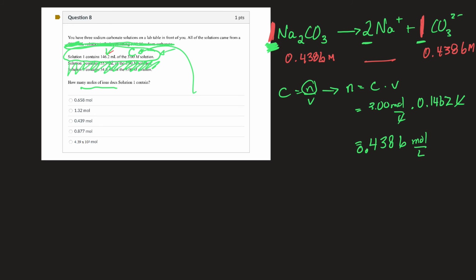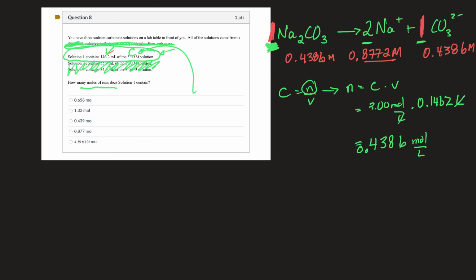And so the sodium is going to be double that. I'm having a hard time here in my head. I think 0.8772, that'd be the concentration of sodium ions.